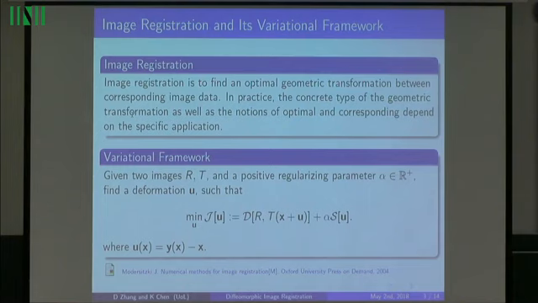In order to measure the difference between the deformed template and the reference, we should give a fidelity term. And in order to make the problem well posed, the regularizer is indispensable. Here, D is the fidelity term and S is the regularizer. Alpha is the parameter to balance these 2 terms. u is the displacement and y is the transformation.